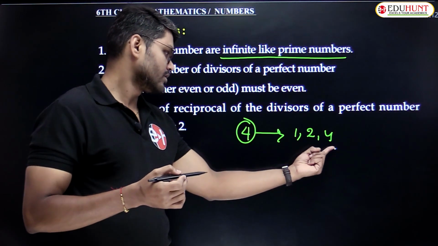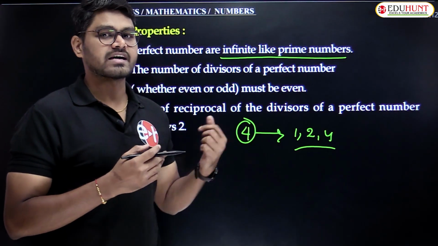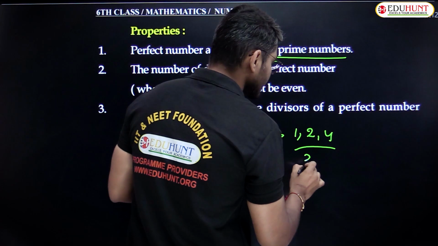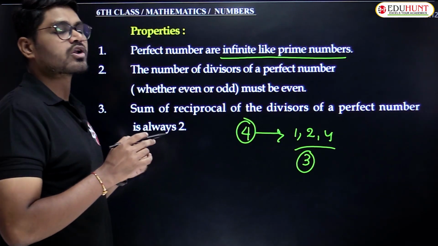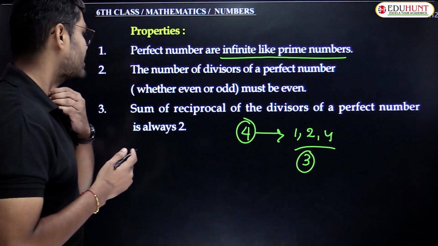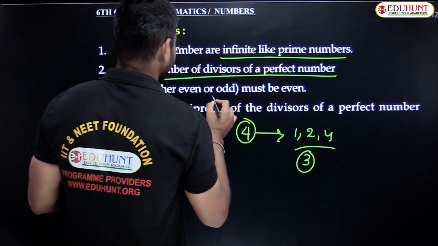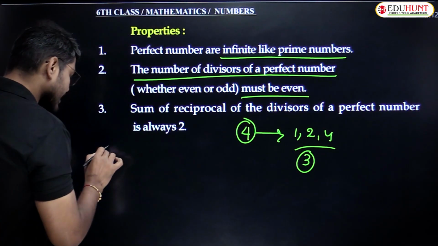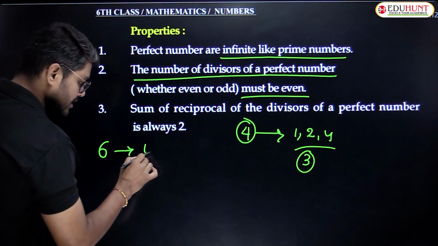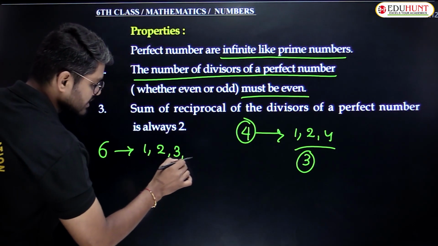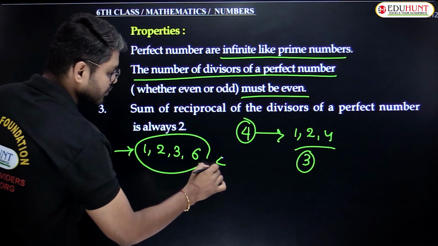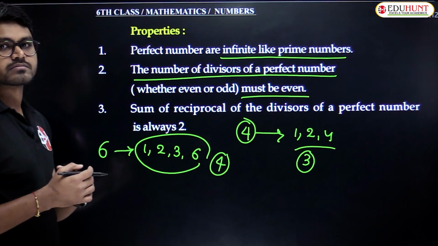How many factors are there? 3. Is 3 an even number or an odd number? It's odd. But the condition is that the number of divisors of a perfect number must be even. I took 6: 1, 2, 3, 6. How many are there? 4. 4 is an even number.